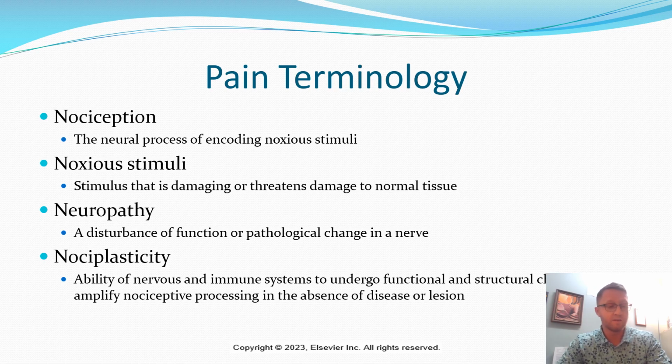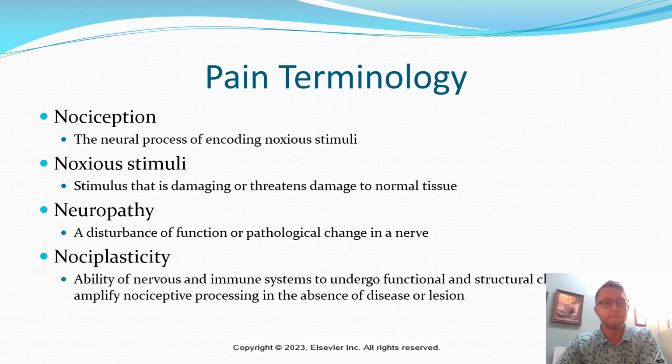Examples would be extreme heat, cold, pressure, different types of chemicals that you may come in contact with. And nociception is really the physiological mechanism behind the sensation of pain. But we're going to talk about other things that may also impact that perception of pain in just a second.